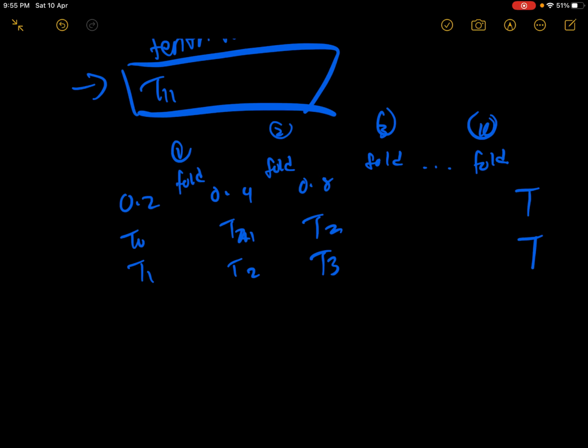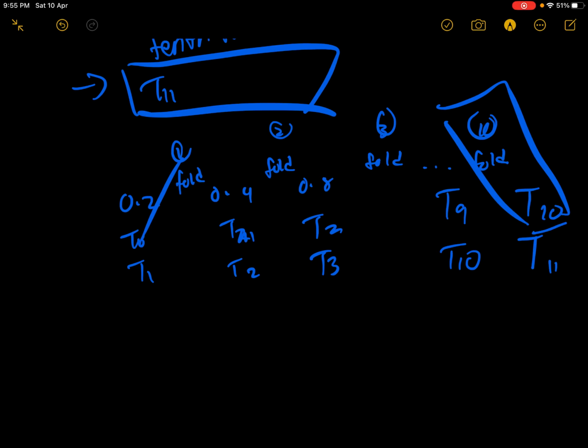So this will be T9, then T10, then T11. You see what I'm saying here. They want after 10 folds.